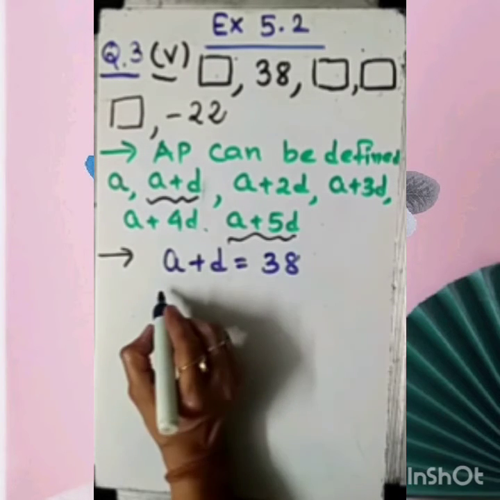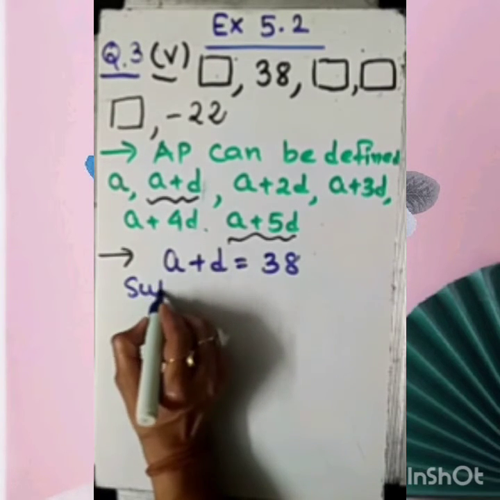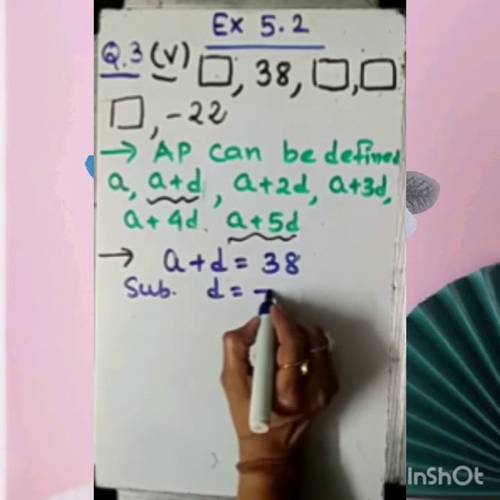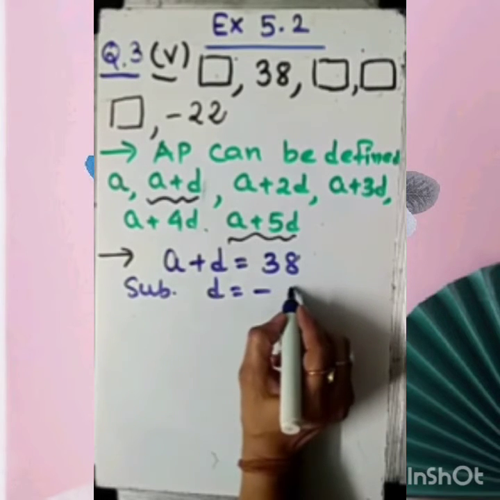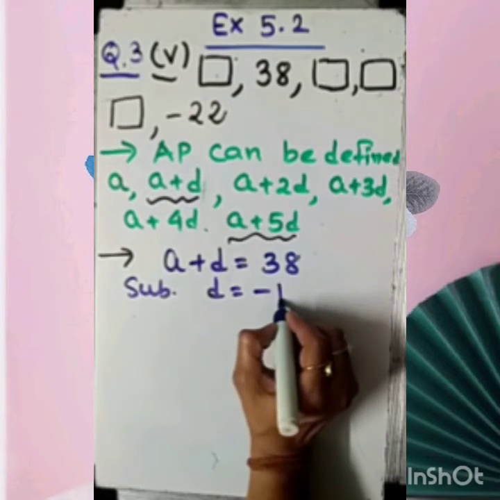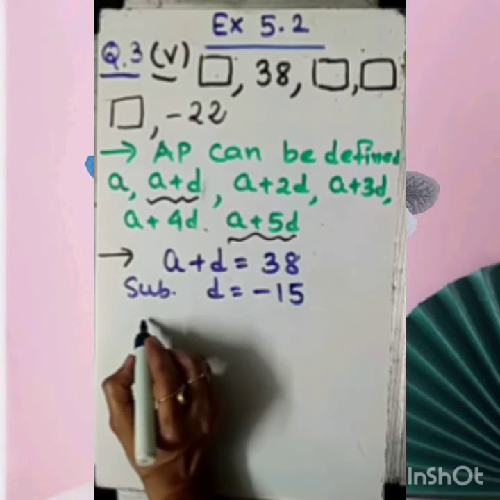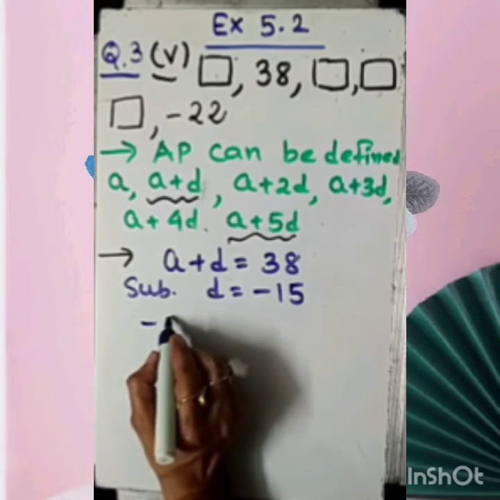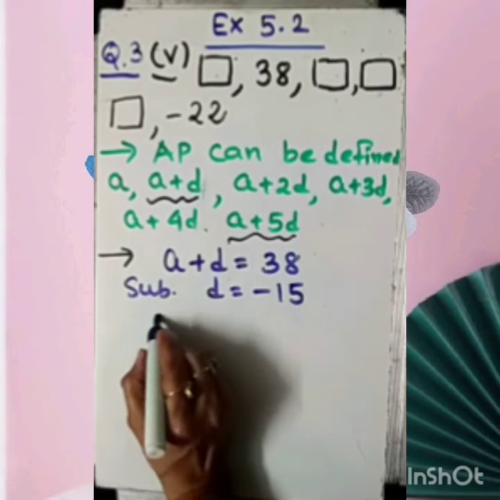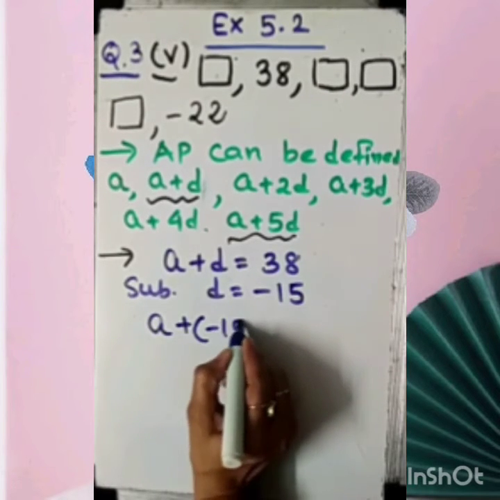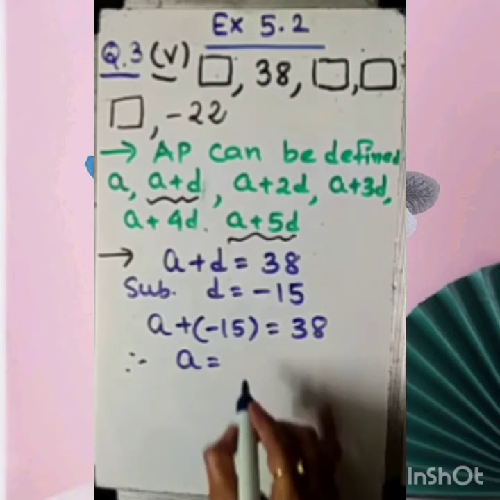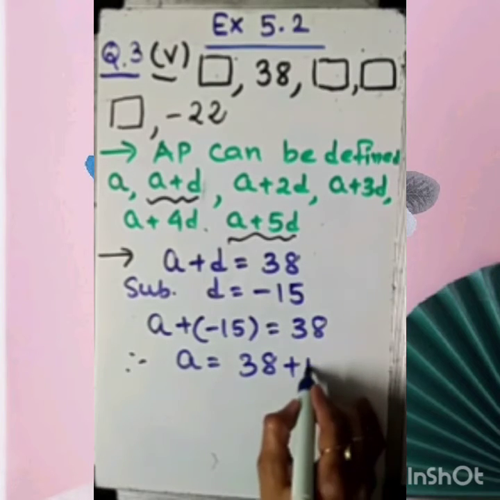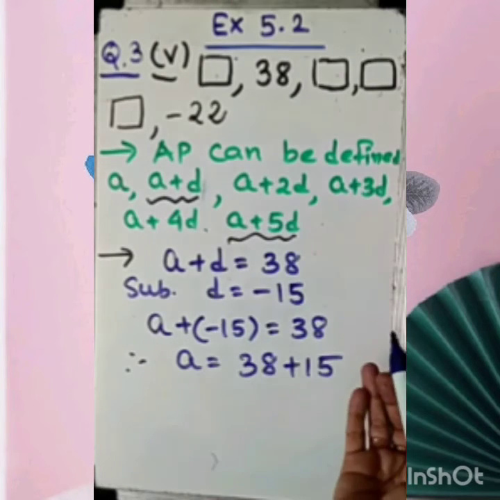In this equation, we are putting the value D equal to minus 15. So A plus minus 15 is 38, so the value of A will be 38 plus 15, since the minus on this side becomes plus.